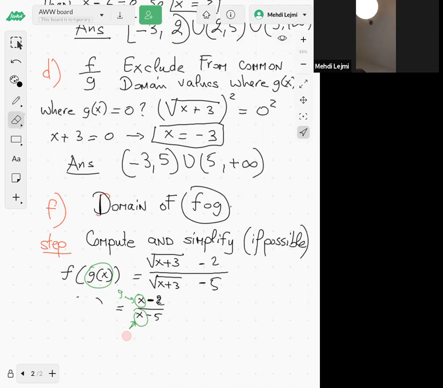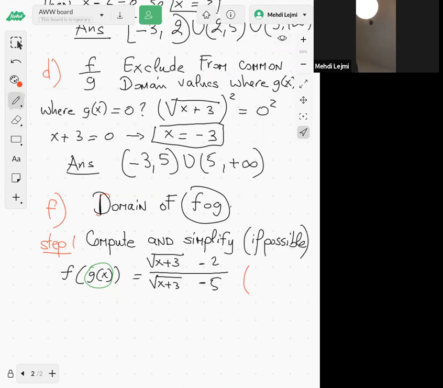Now, I got this. Well, the question now, is it possible really to simplify this? The answer is no. So, well, then we have to find the domain of this.